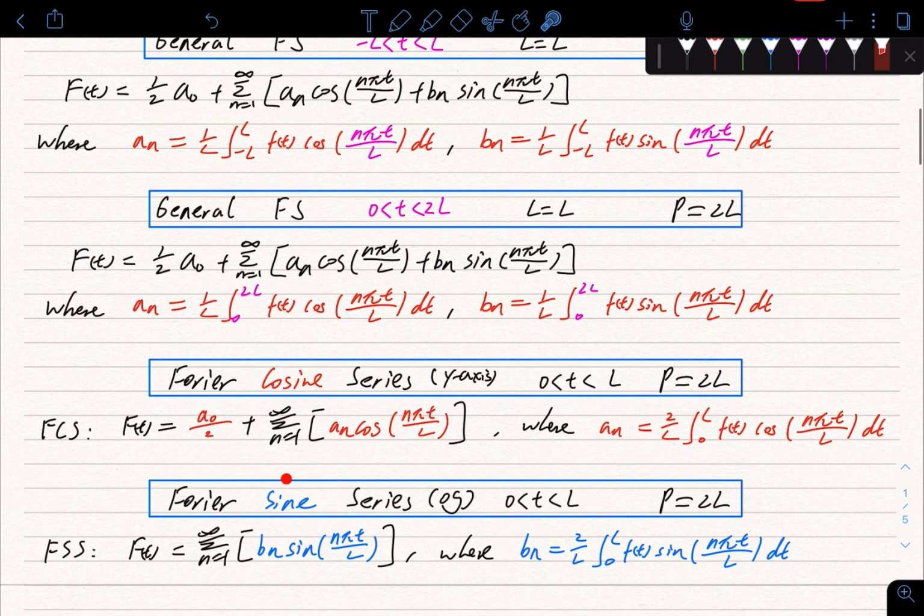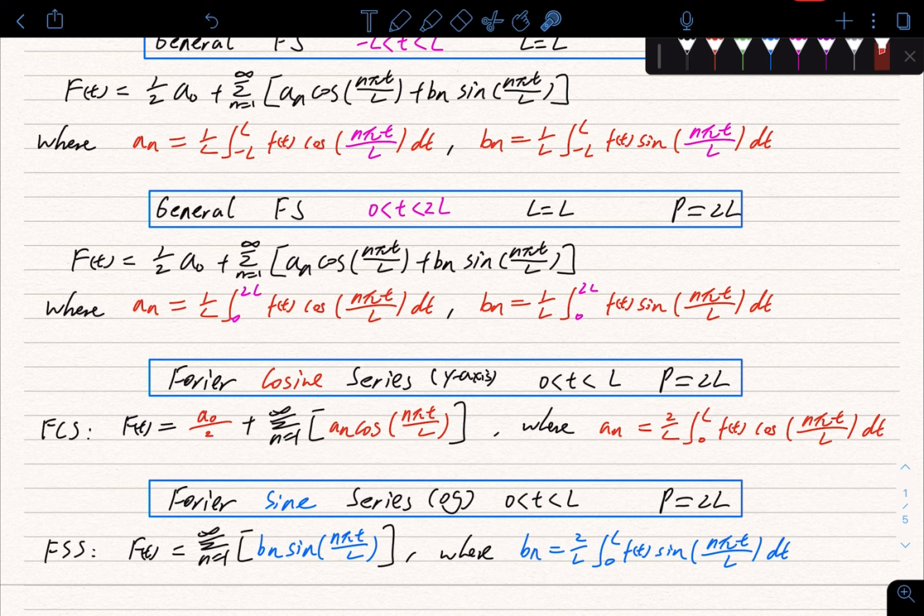And then the sine series is the opposite. The functions have to be odd functions. That means the graph of the function is symmetrical with respect to the origin instead of the y-axis. So functions like sine of t, or y equals t, or y equals t cubed, those fall into this category.